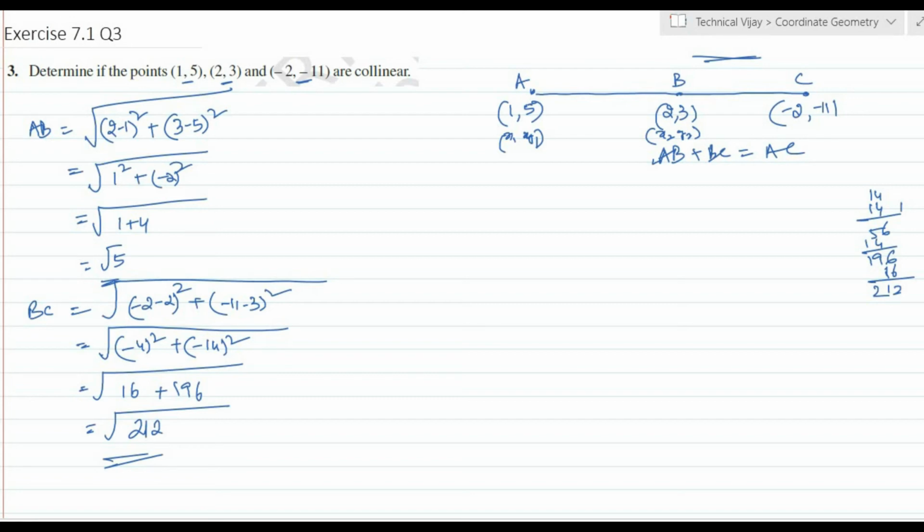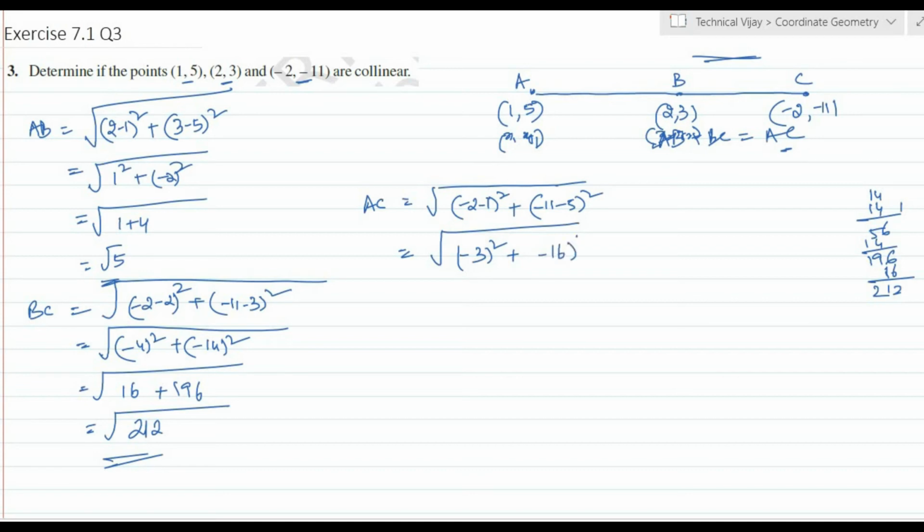Now we will find AC. AC is equal to square root of, where this is x1 y1 and this is x2 y2. So here (-2 minus 1) square plus (-11 minus 5) square. So -2 minus 1 means -3 square plus (-16) square.